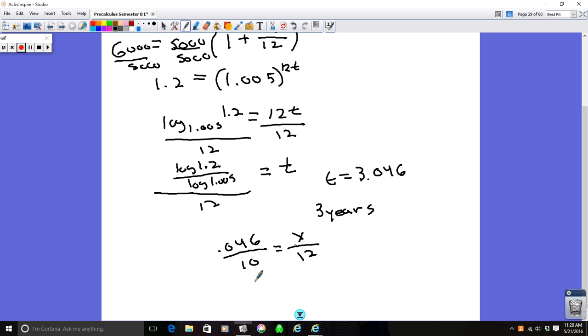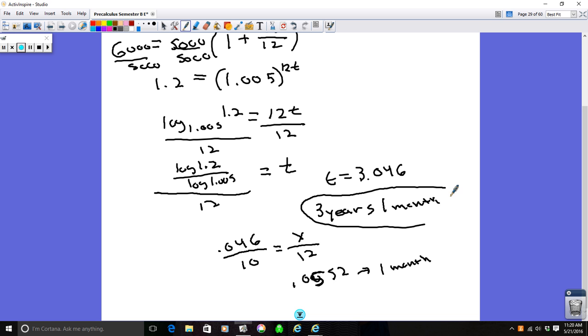So if you solve this equation and multiply those, you're going to get 0.552 months, which rounds up to 1 month. So it's 3 years and 1 month. I would expect to see this question where they're asking you to convert from your decimal to months and years.